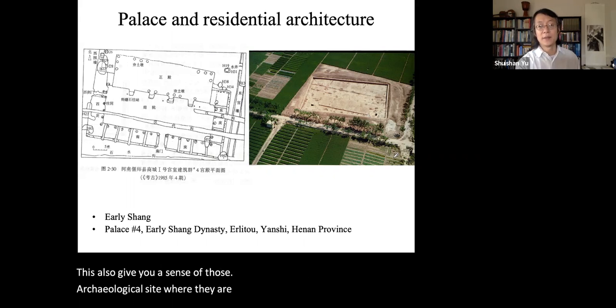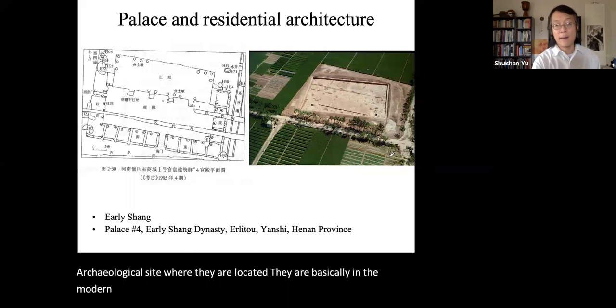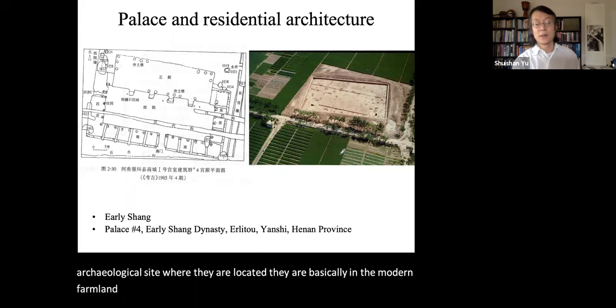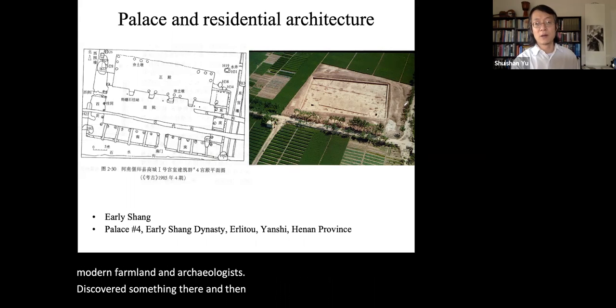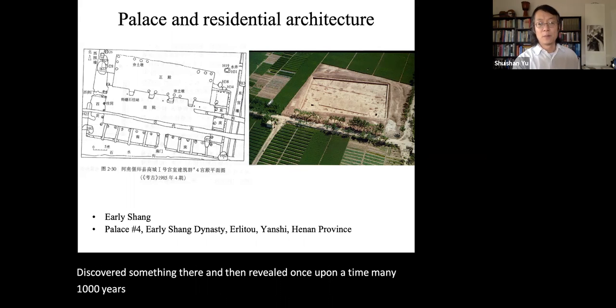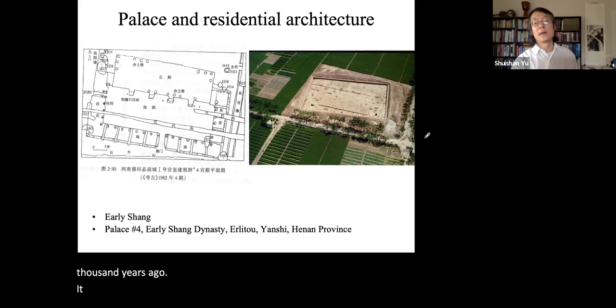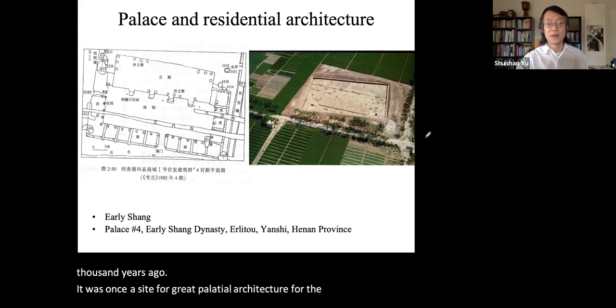They are basically in modern farmland, and archaeologists discovered something there and then revealed that once upon a time, many thousand years ago, it was the site of great palatial architecture for the rulers of the Shang Dynasty.